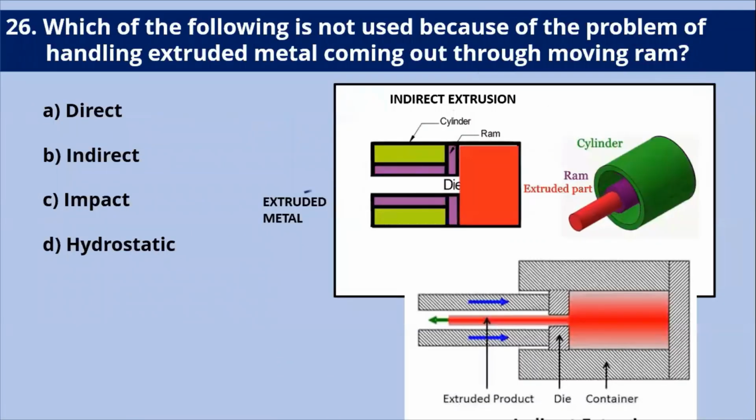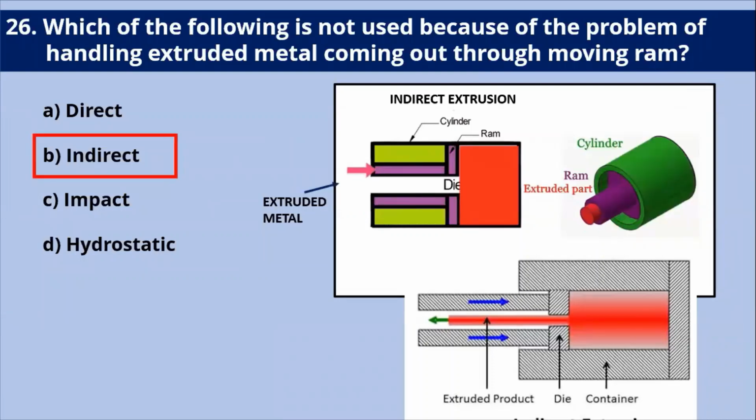Next question: which of the following is not used because of the problem of handling extruded metal coming out through the moving ram? So students, I have shown the diagram of indirect extrusion, or backward extrusion, right? Basically, why are we not using this method?